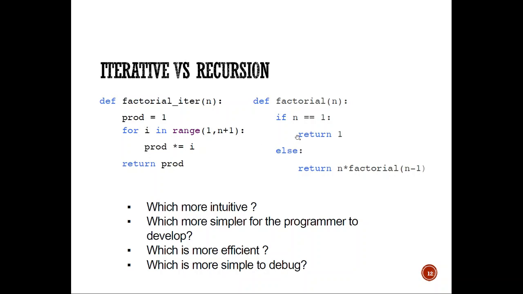However, as shown earlier, we can actually define it in a recursive manner. So, although iteratively it might be more intuitive to calculate and maybe simpler for a programmer to develop, it is more computationally efficient to calculate the factorial using the recursion method, because we don't have to go through the for loop.